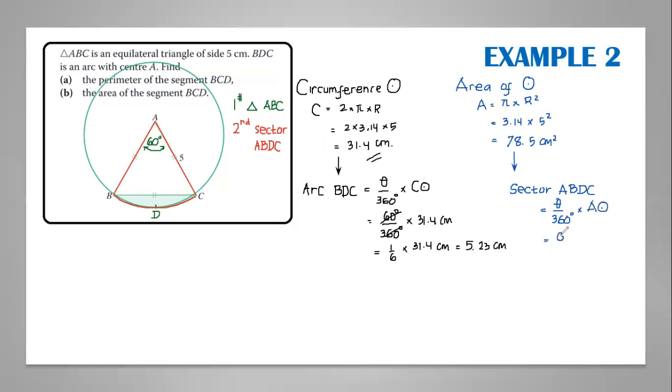Theta is 60 degrees over 360 degrees times area, which is 78.5 centimeters squared. So it means 1 over 6 times 78.5 centimeters squared.